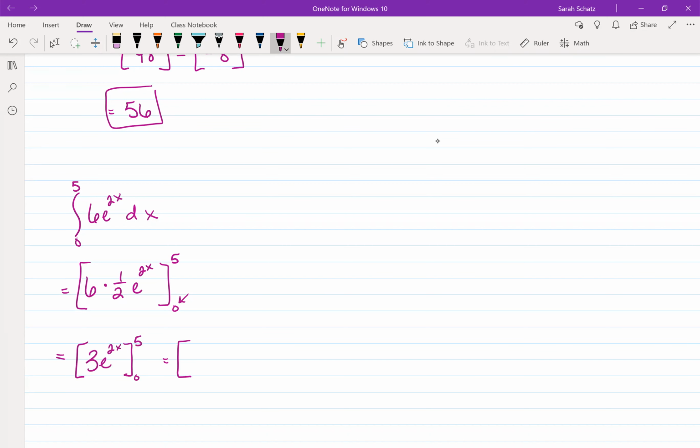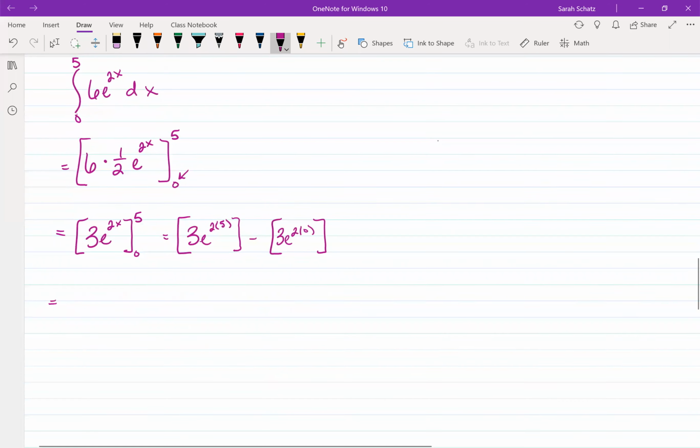Okay, so let's put a 5 in there first, and we get 3e to the 2 times 5 minus the function with a 0 in there, which is 3e to the 2 times 0. So let's see, what is 3e to the 2 times 5? Well, let's just call that 3e to the 10th right now and leave it like that.